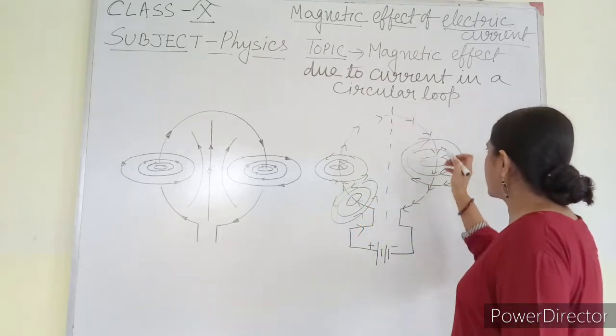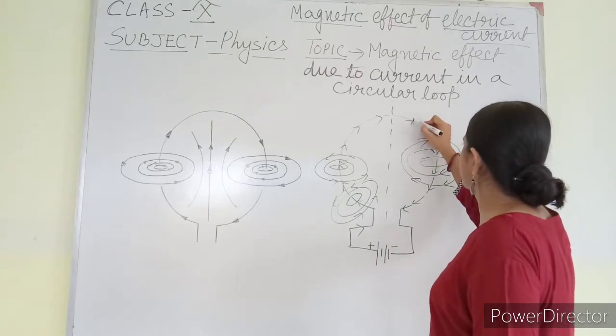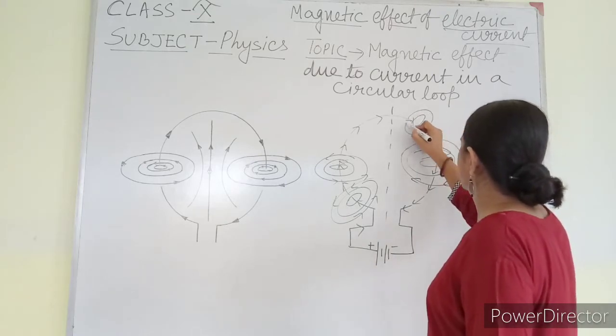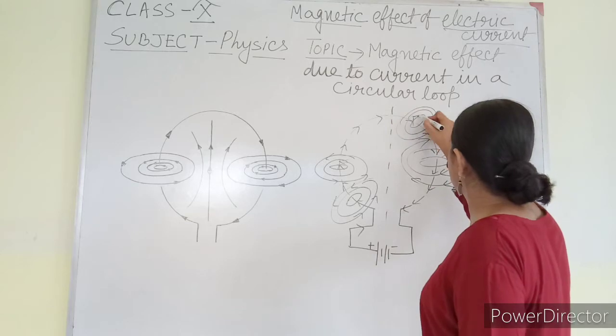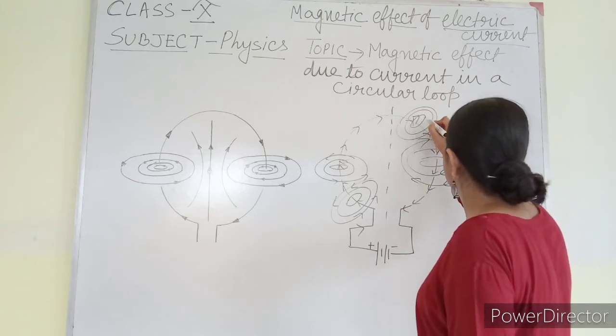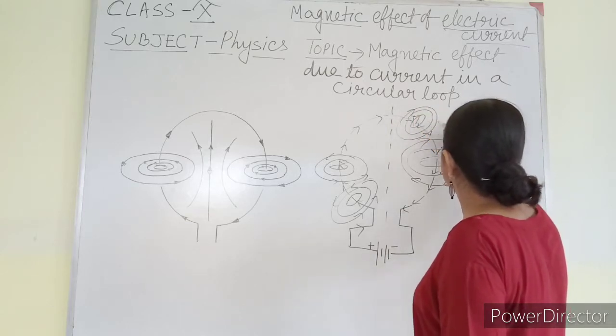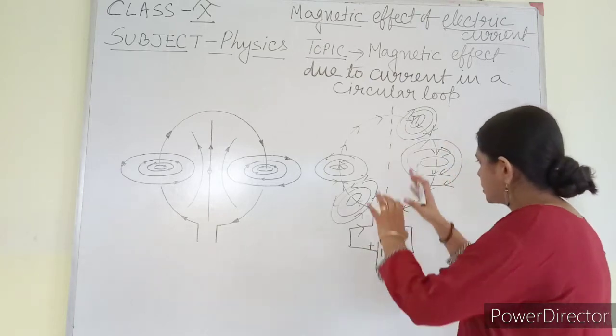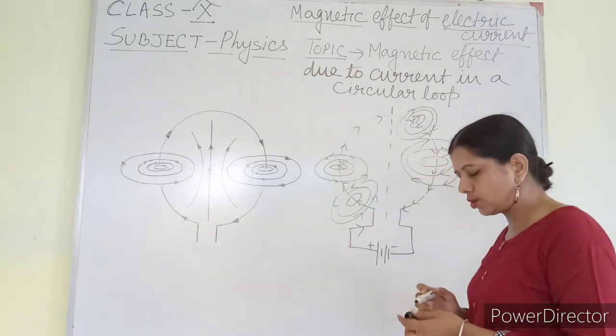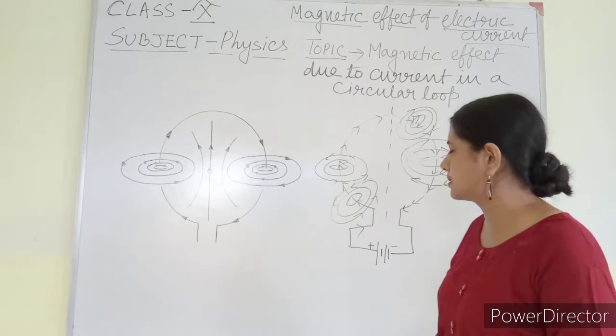Similarly here also, at each point it will develop like this, clockwise. So around each point you are going to get a circle like this.